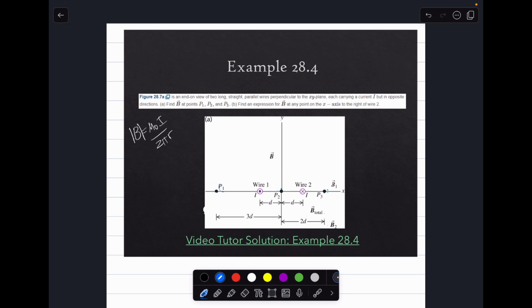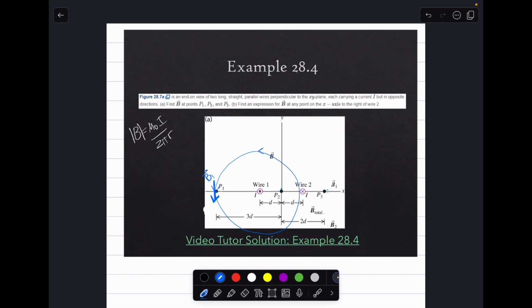Since we're interested right now in P1, let's just draw one circle with a radius equal to the distance that P1 is away from wire 1. So there's roughly a circle like that. The magnetic field is going counterclockwise. So if we draw our little arrows at the important points, such as P1, you can see that the tangent to that circle at P1 going counterclockwise is down, okay? That's the magnetic field due to wire 1.